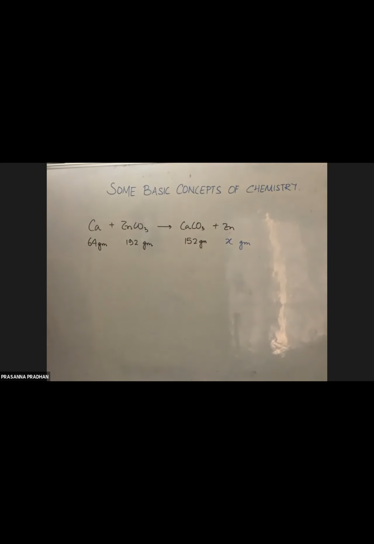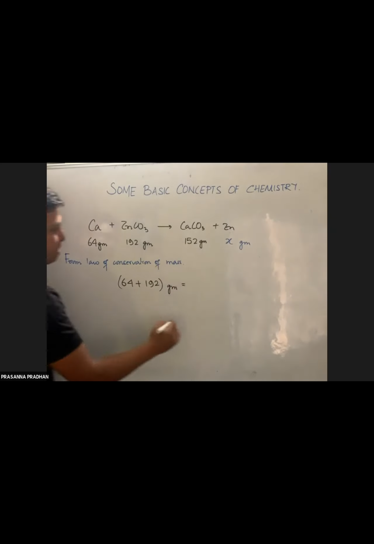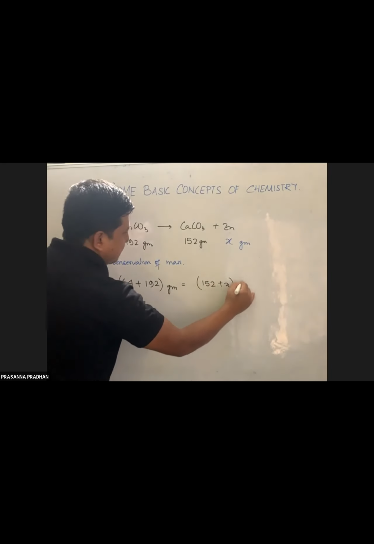According to the law of conservation of mass, the total mass of the reactant is 64 plus 192, which is 256 gram. This should be equal to the total mass of the product, which is 152 plus x gram. So we can do it in this way.